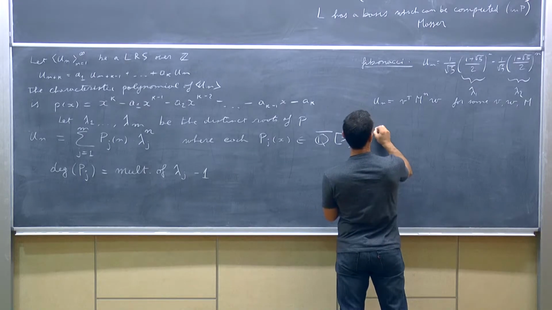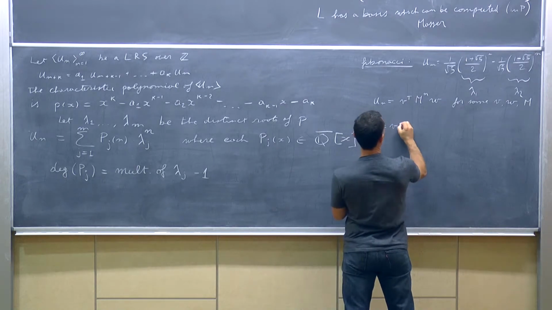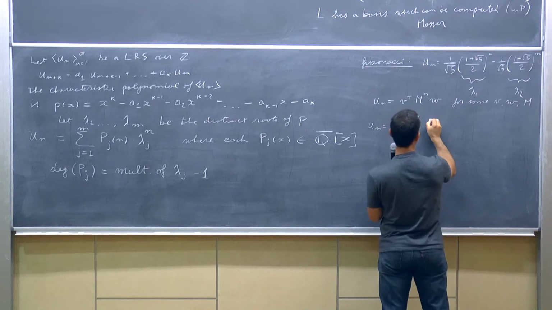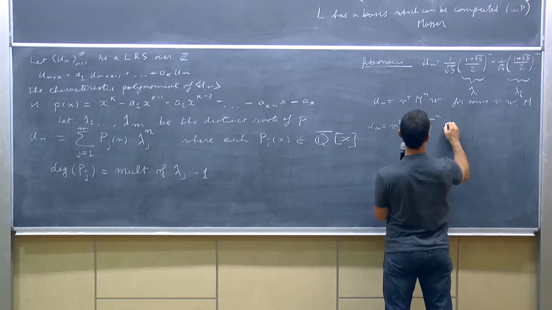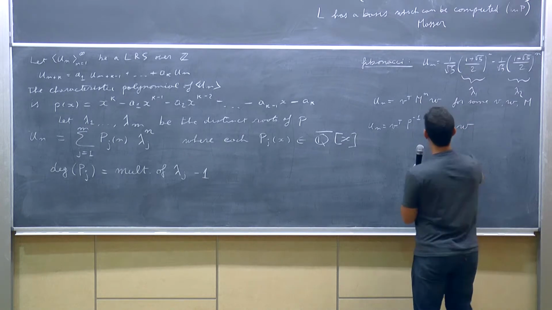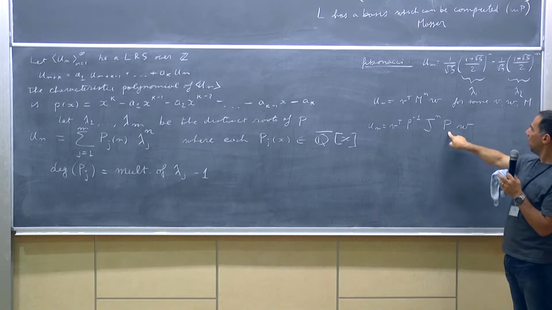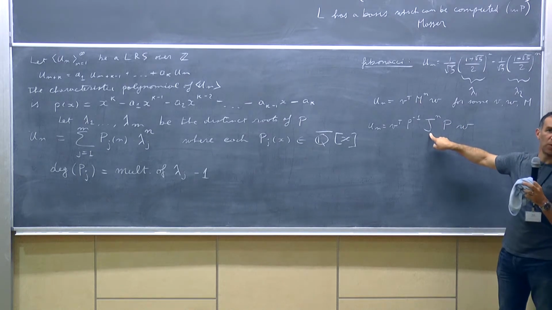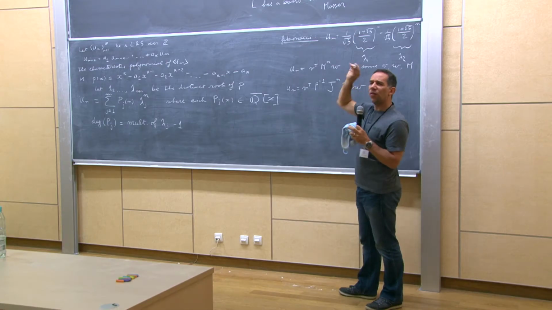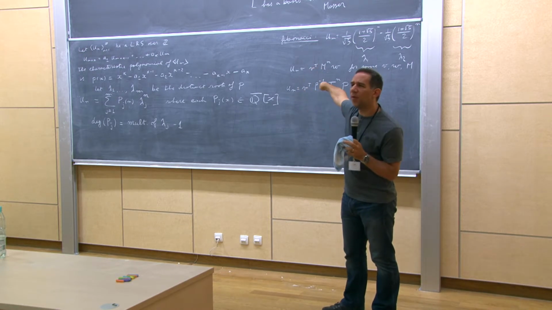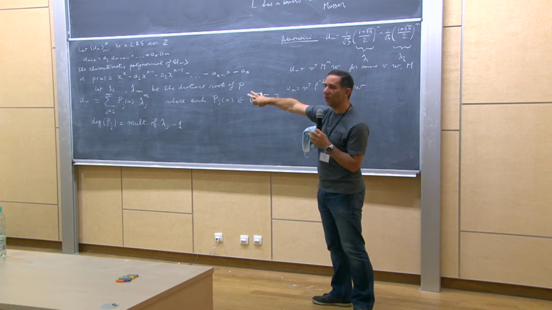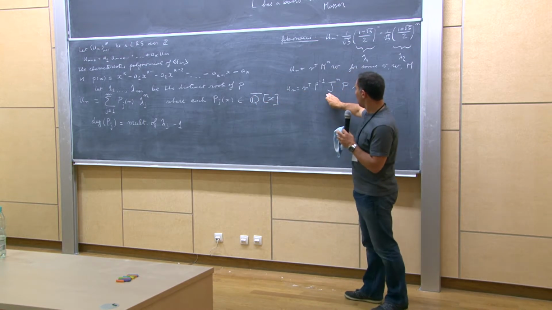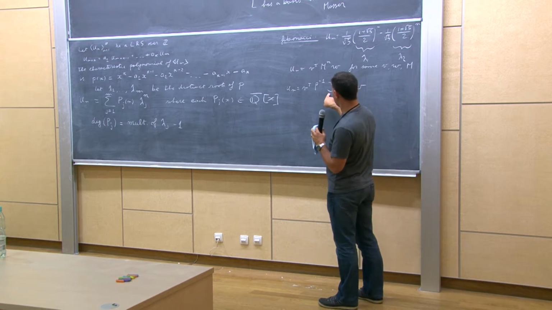So I can write u_n as v transpose P inverse J to the n P w. Here P inverse J to the n P is simply M to the n, because J is the Jordan canonical form of M. If you've forgotten your linear algebra, just bear with me 5 minutes. This is not super important. I'm just giving you an argument why this is true, and you can just take it on faith afterwards. But if you remember enough, what does this matrix J look like?